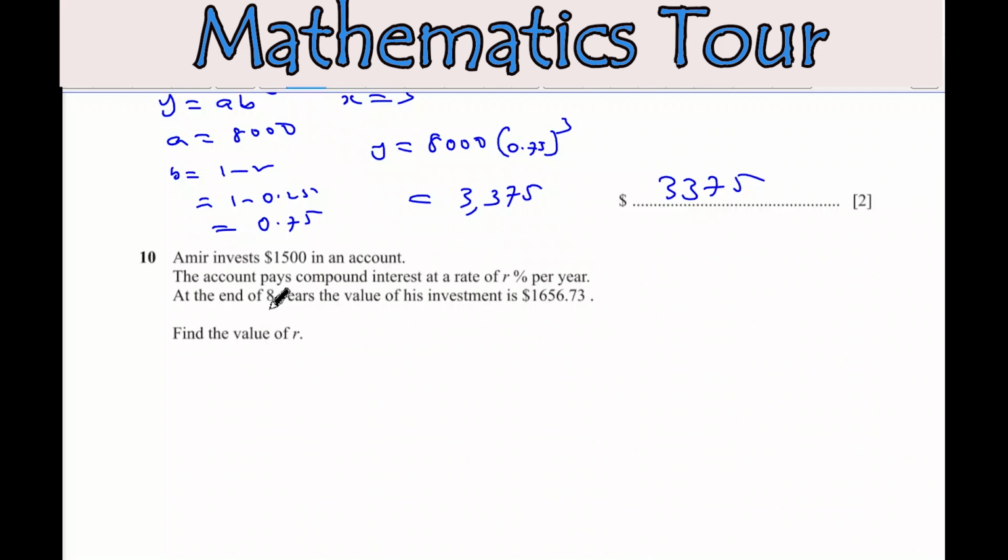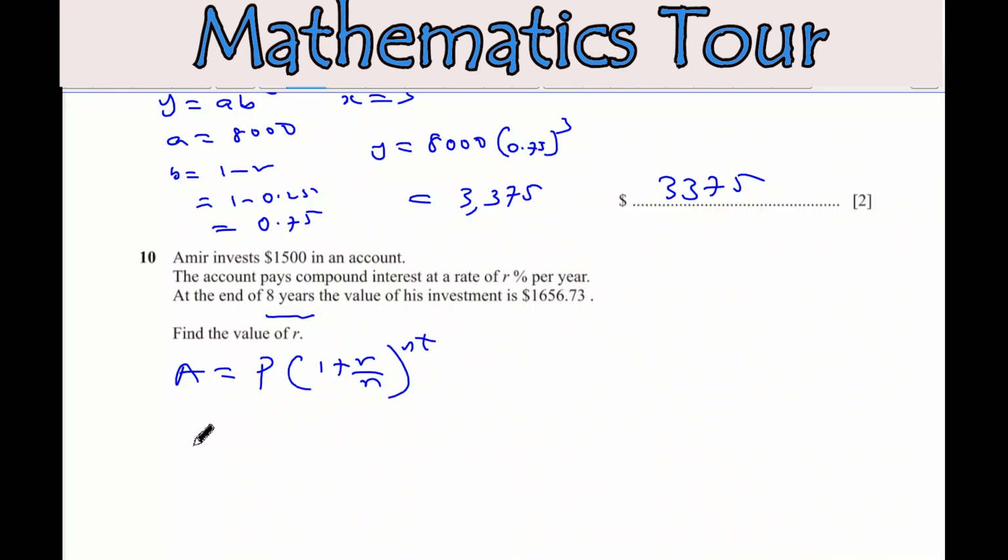Question 10. Amir invests $1,500 in an account. The account pays compound interest at a rate of R% per year. At the end of 8 years, the value of his investment is $1,656.73. So find the value of R. From the formula of amount, we know that amount is equal to the principal into bracket 1 plus the rate over n, where n is the number of times the interest is paid in a year, to the power of nt.